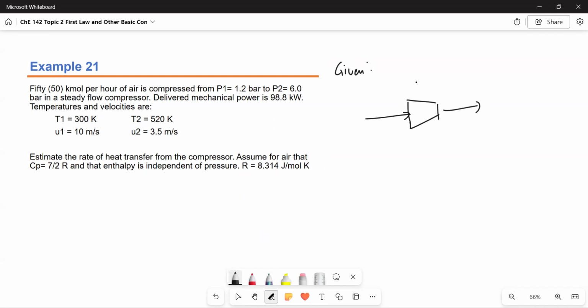Work is done, since a compressor is a work requiring device, in kilowatts. And next is any information about Q. Oh yeah, that's the required value. So there's Q.